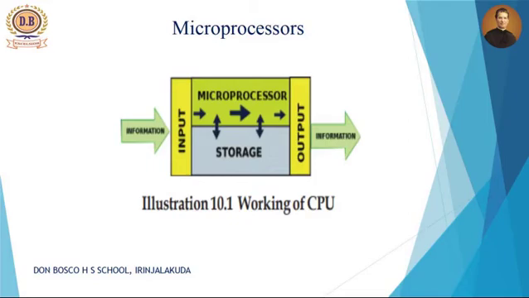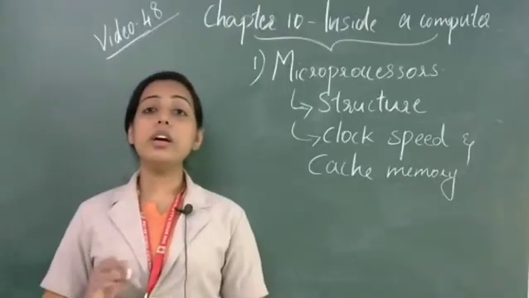And then, do you think that the microprocessors used in different computers have the same speed and same efficiency? What will be the answer? It's no. So how can you identify the features of the processor used in your computer? That is our next topic.